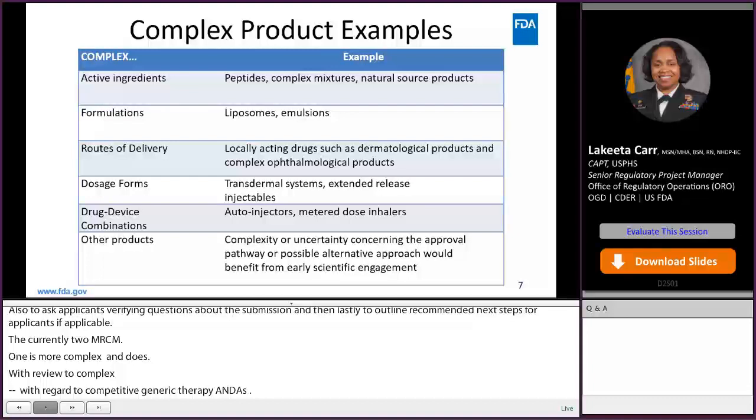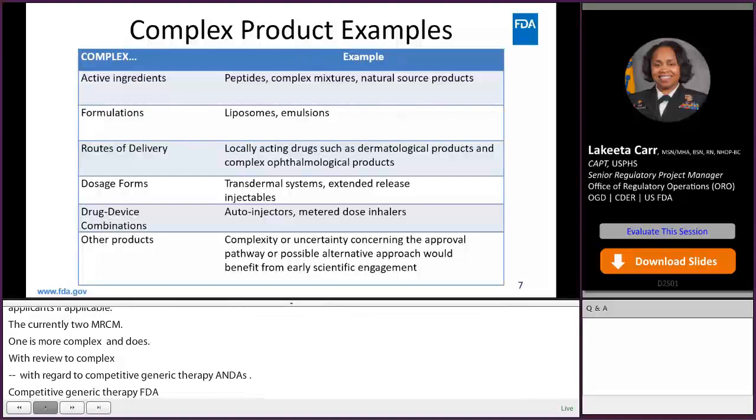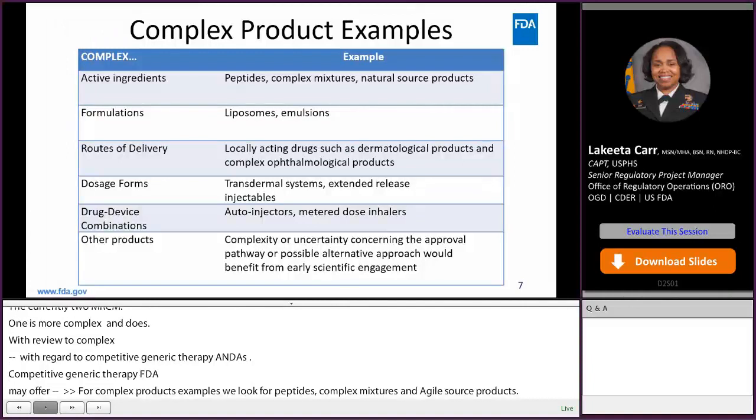For complex product examples, we have a few examples for you. For active ingredients, we look at peptides, complex mixtures, natural source products. For formulations, we look at liposomes and emulsions. For routes of delivery, we look at locally acting drugs such as dermatological products and complex ophthalmological products.